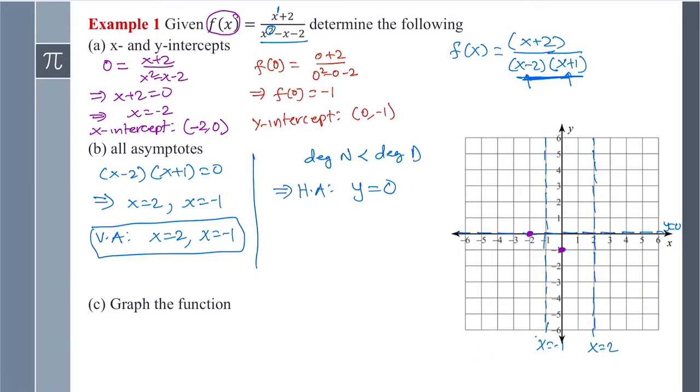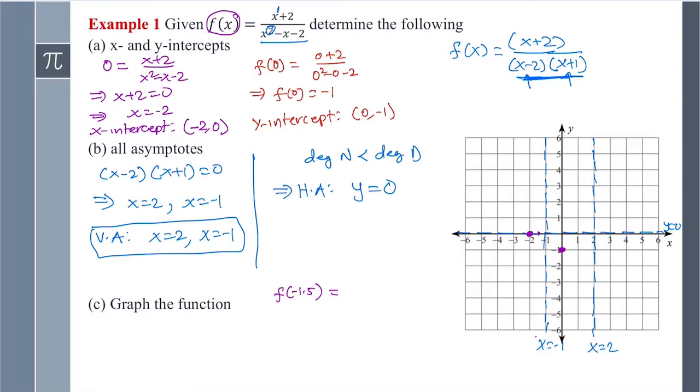In order to figure that out, we know that our x-intercept is -2, so the graph passes through this one, but we don't know whether the graph goes above the x-axis or below the x-axis here. So we will take a number between -2 and -1 and check whether the graph is above or below the x-axis. For that, we'll take f of -1.5 and put it in our function.